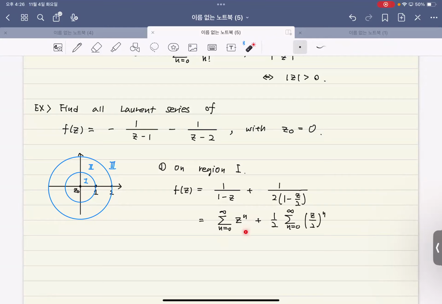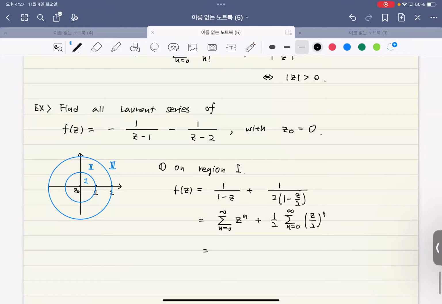This is true for the open disk of radius 1, and this is true for the open disk of radius 2. But anyway, in this case we need the intersection of these two open disks. So it is reasonable to say that this expansion is true for an open disk with radius 1 centered at the origin.